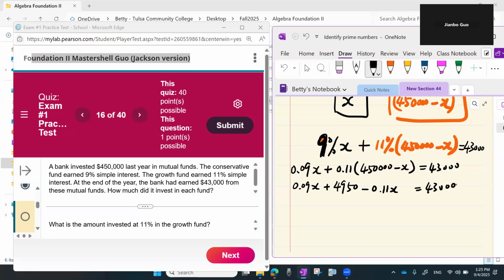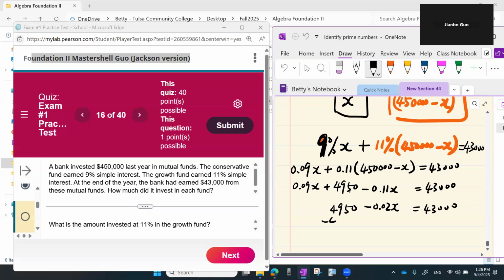On the left side, after we remove the parentheses, we have two terms that are like terms that we can combine. 0.09x minus 0.11x. We have negative 0.02x. Okay, 0.11 minus 0.09, that is 0.02. Bring down the constant, 49,500 equals 43,000.